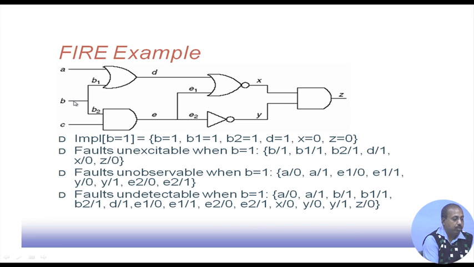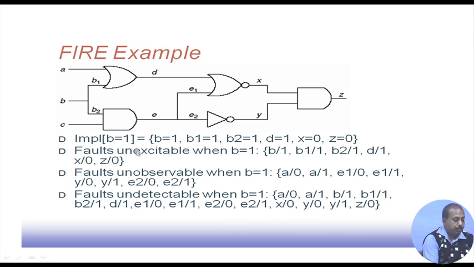We cannot check B stuck at 1 because this will require B line to be at 0. Similarly, if we want to check B1 stuck at 1, that is also not possible because I need a 0 at this point, which is not possible. Similarly, B2 stuck at 1, D stuck at 1, X stuck at 0 and Z stuck at 0. So, these faults cannot be excited when B is equal to 1.